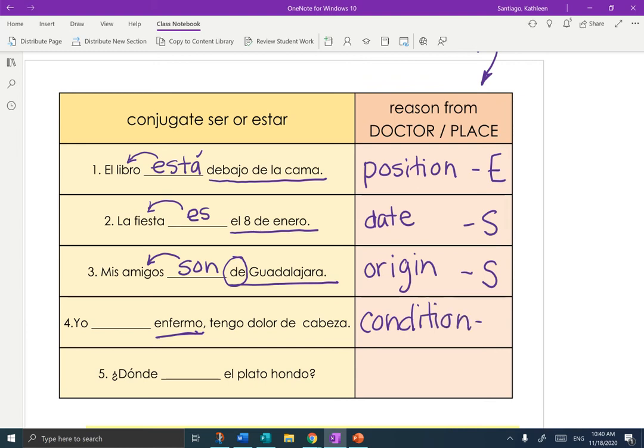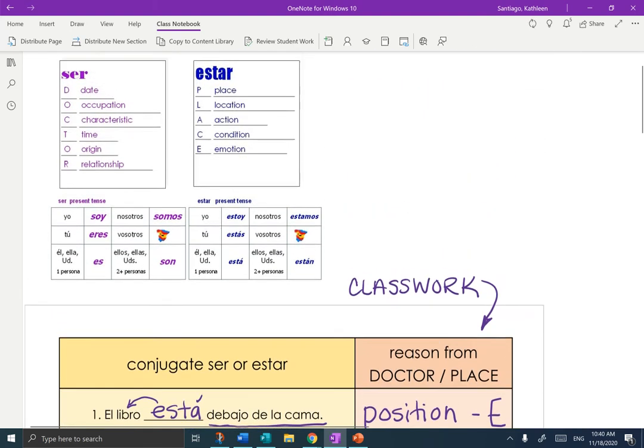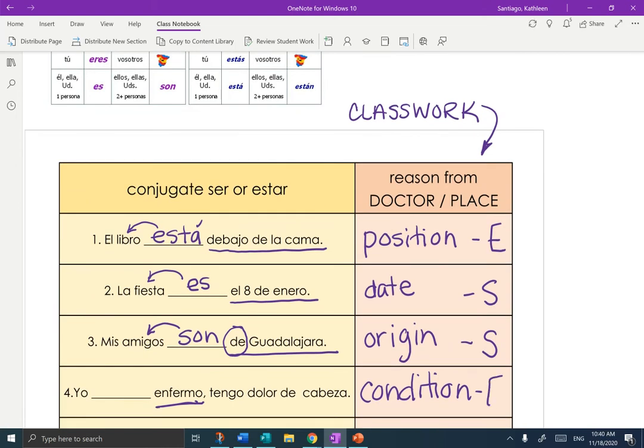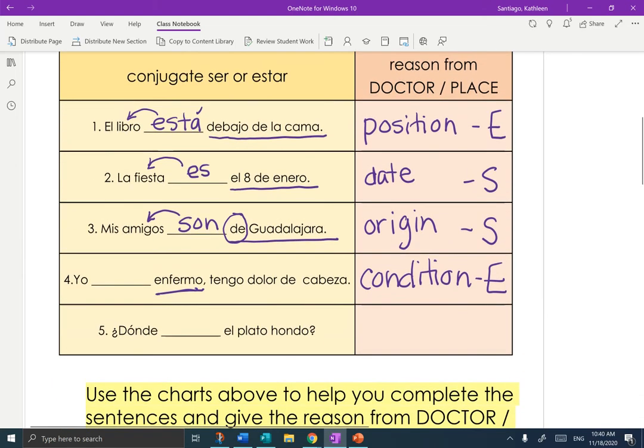You're going to get better. So condition means the verb is estar, and the yo form of estar is estoy. Yo estoy enfermo. Tengo dolor de cabeza.